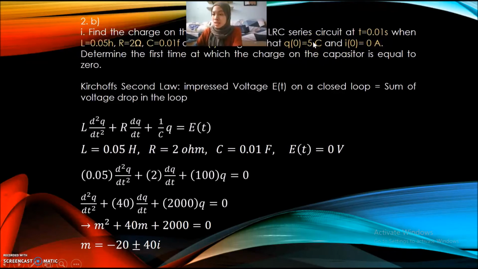Actually this Q0 is the charge for the capacitor.